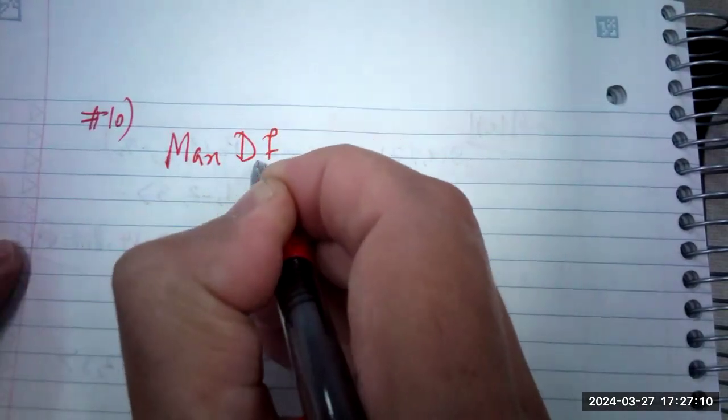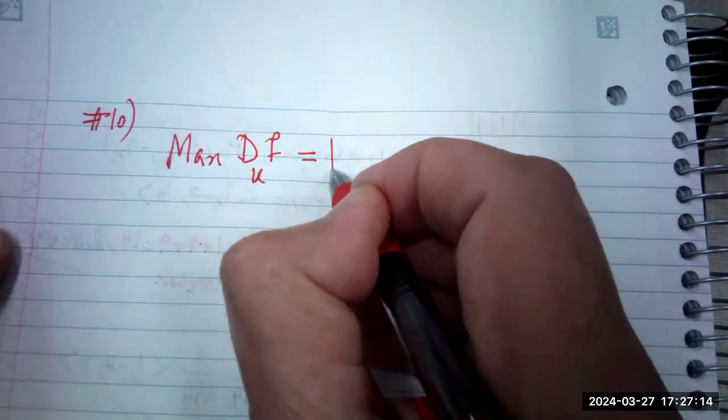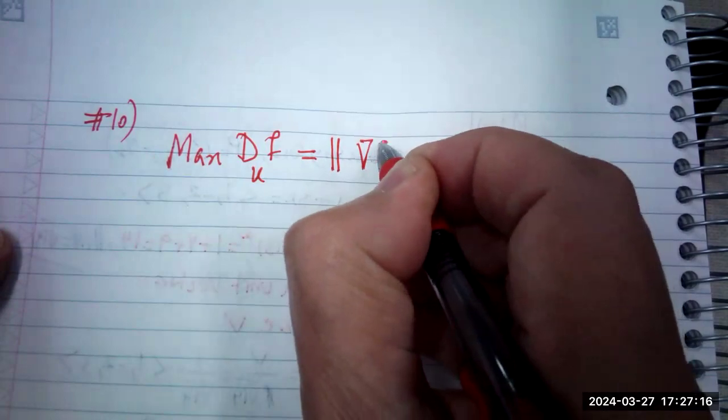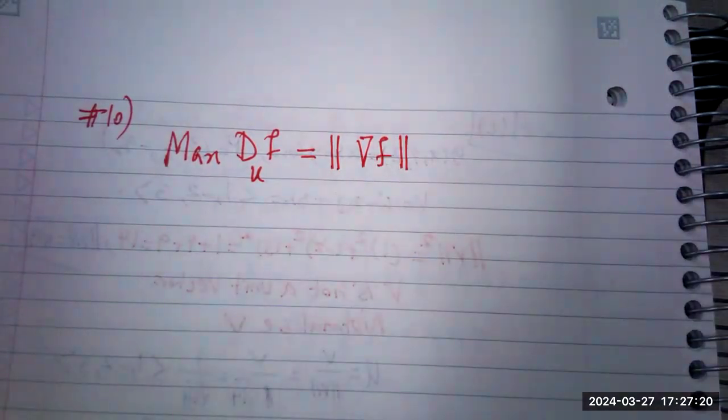Number 10, the maximum value of the directional derivative in the direction of u is always the norm of the gradient vector. Because the norm of the gradient vector is going to be a number at a given point. The point will be given to you.